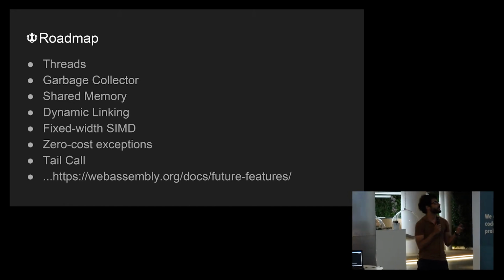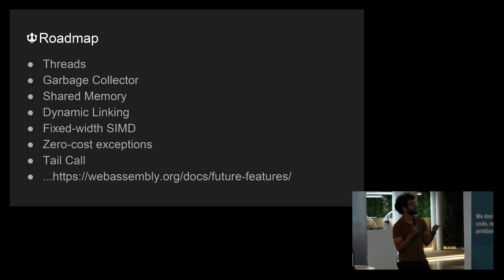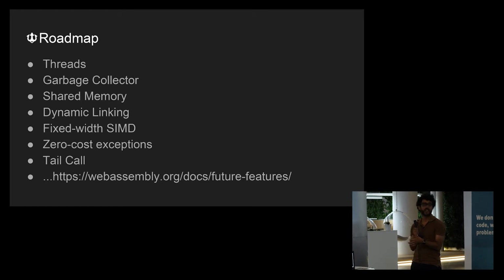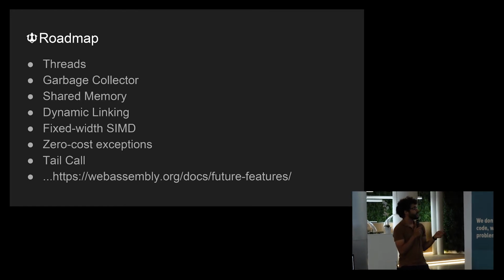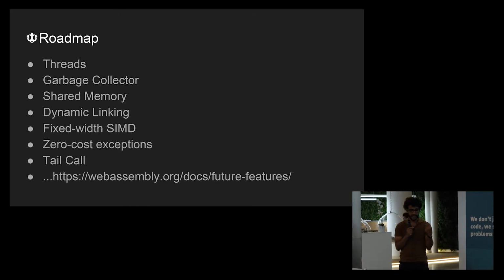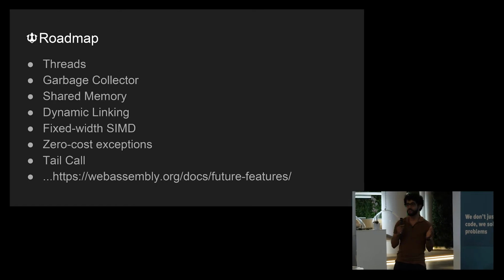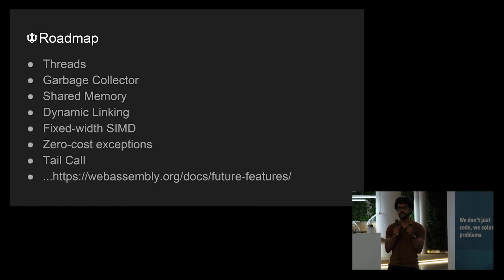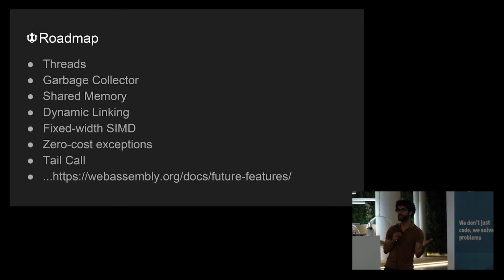Because for the roadmap, they want to introduce threads. They want to have also a garbage collector to use dynamic languages. They want to use shared memory, because a thing I didn't talk about before, that's also why WebAssembly is so fast: WebAssembly has a flat memory, like a flat array. It's as fast as you can go through memory.